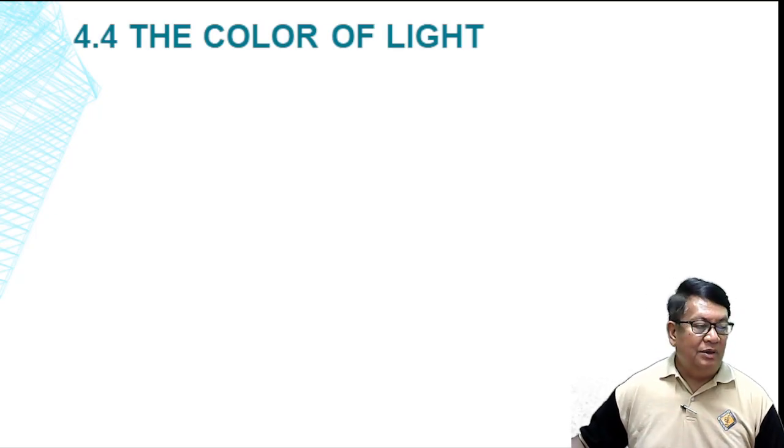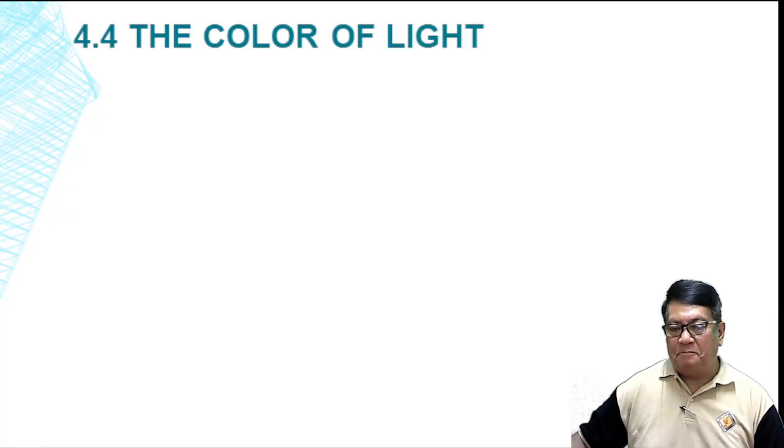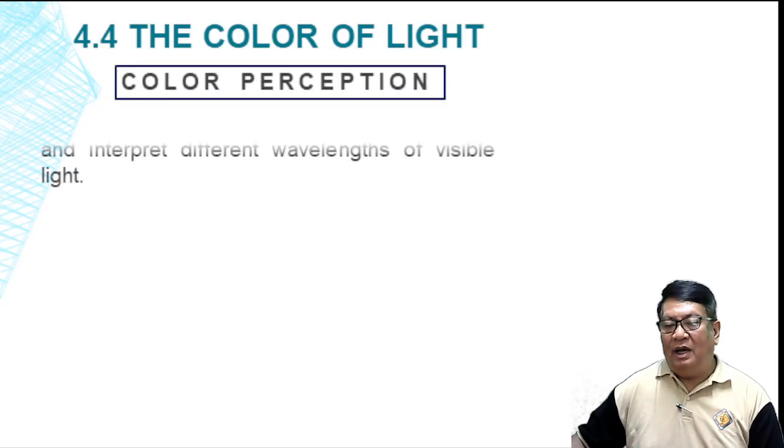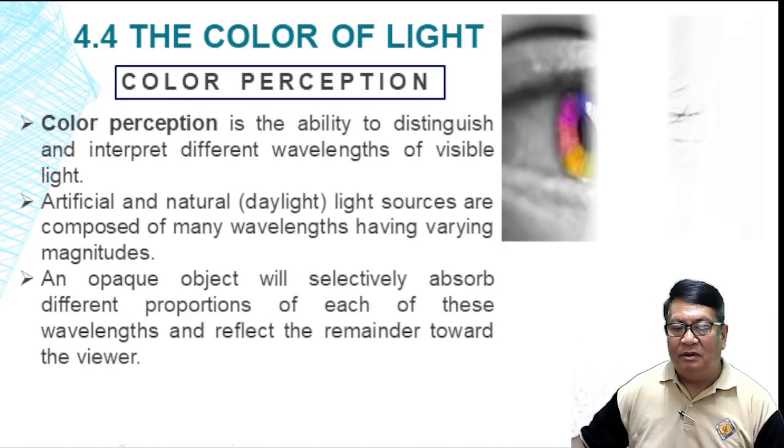Next, we have here the color of light. Have you seen the color of light? It depends upon how you perceive the reflected or emanated light that illuminates the object. So we have this color perception.